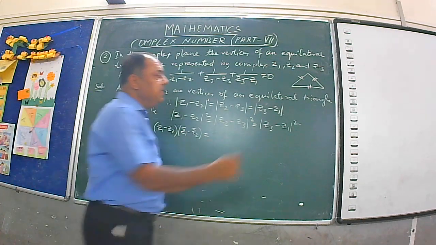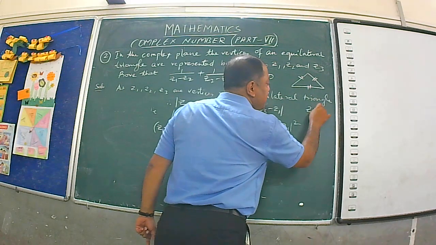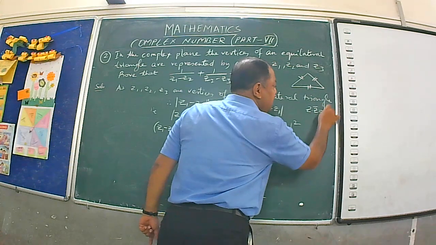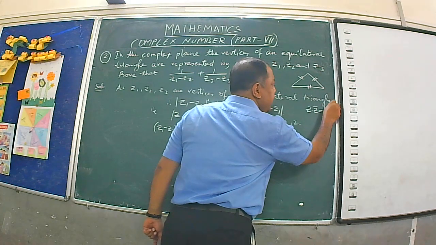It means that Z into Z bar is nothing but modulus square.